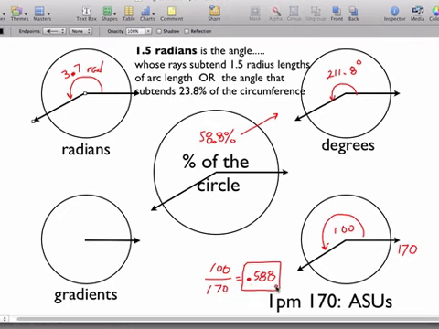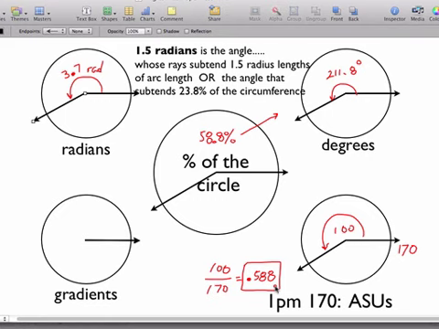This is like a decay factor. You're keeping 58.8% of it, right? You're losing, your percent decrease is 41.2, and you're keeping 58.8. So you're multiplying by 0.588. You keep that fraction of it, or 58.8% of it.